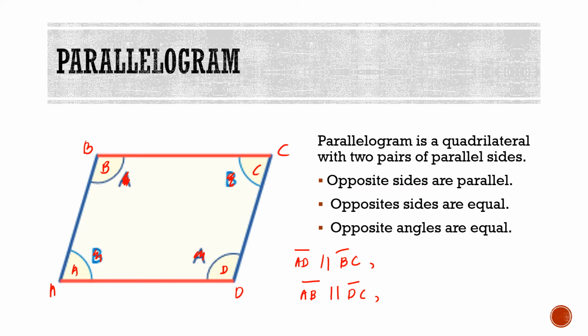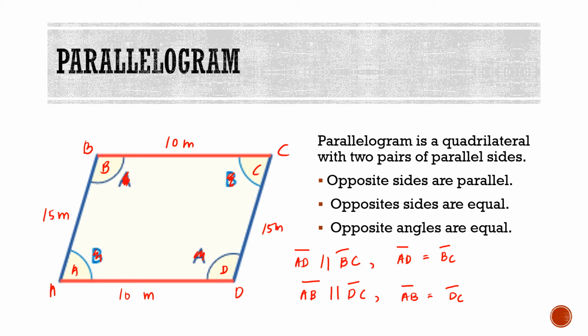Therefore, we can write this as side AD is equal to side BC, and side AB is equal to side DC. So, if side AD measures 10 meters, side BC also measures 10 meters. If side AB measures 15 meters, side DC also measures 15 meters.